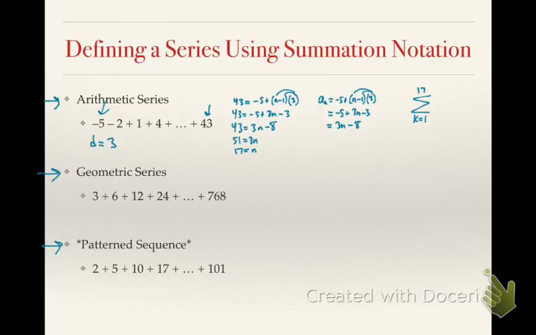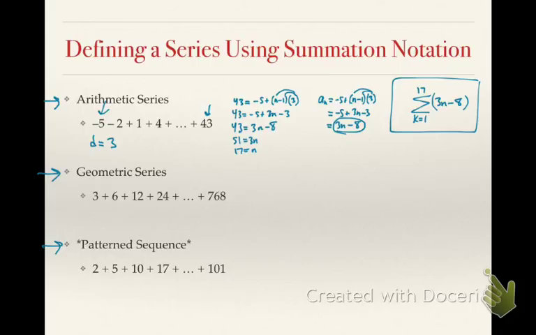And what I'm going to write after the summation symbol is just the explicit form, the 3n minus 8. Typically we put parentheses around the 3n minus 8, especially if there's a binomial, or basically more than one term, but I'm sure you'd be fine if you forgot them. But try to put the parentheses though. There's the summation notation for that arithmetic series.